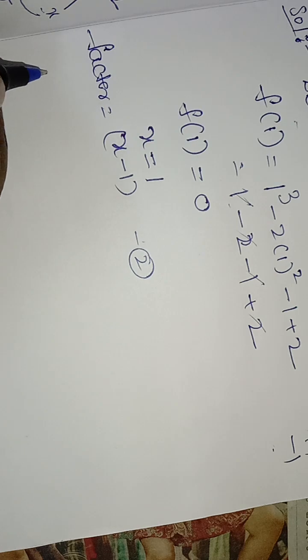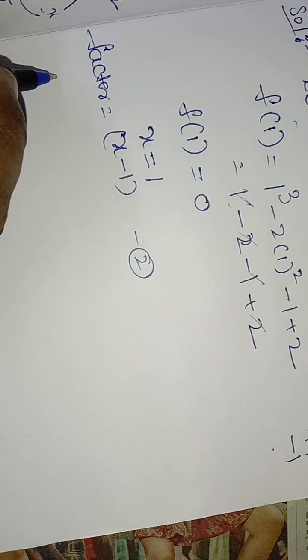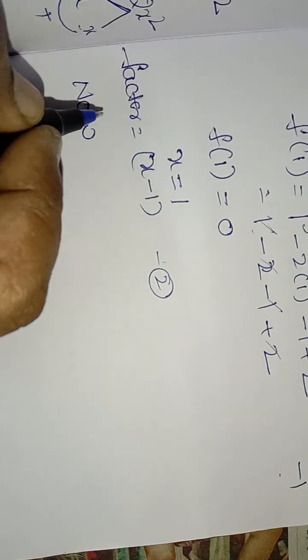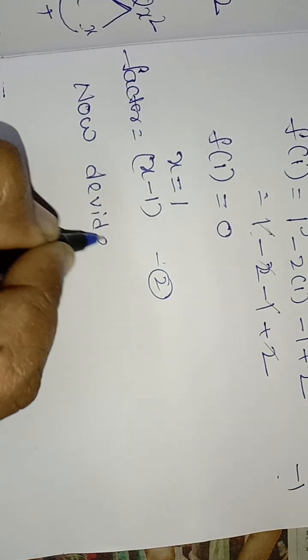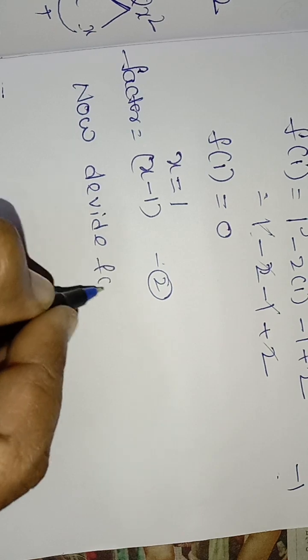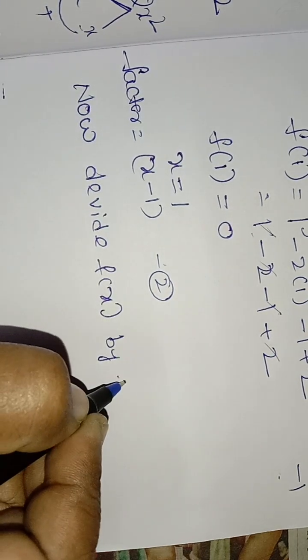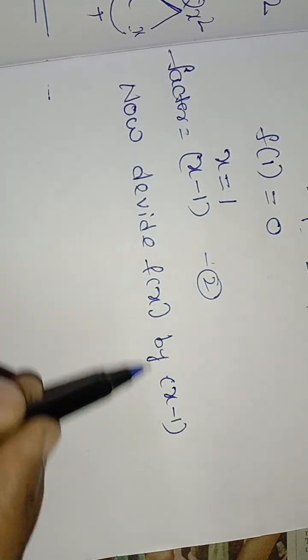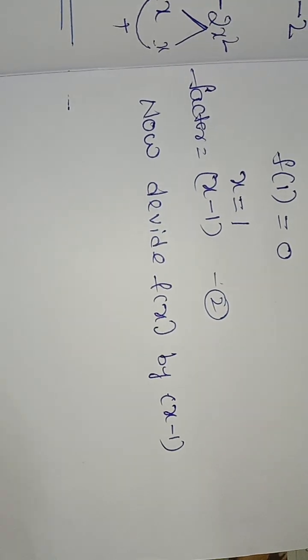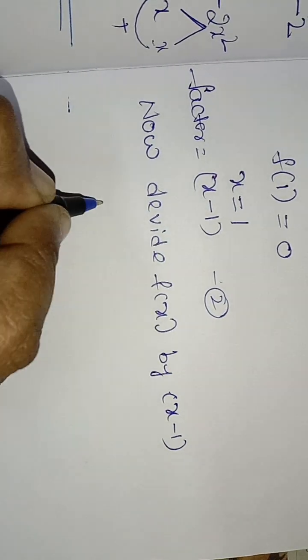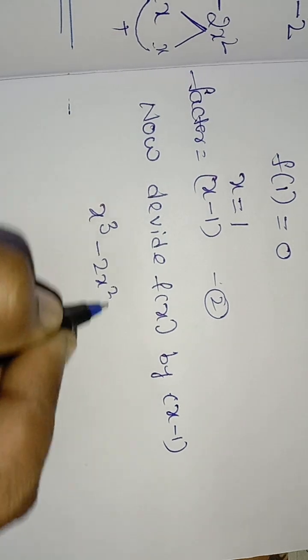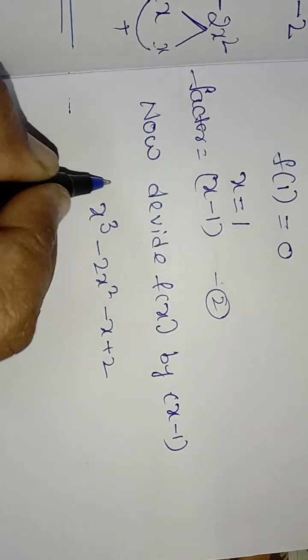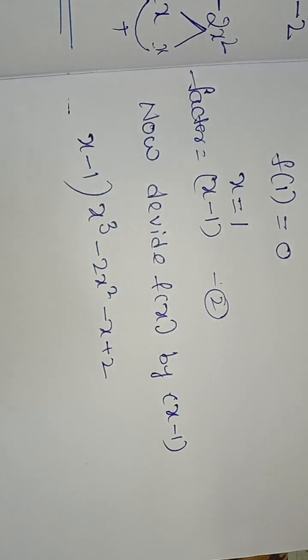So now I am dividing f of x by x minus 1. This is my f of x equation: x cube minus 2x square minus x plus 2, and I am dividing with x minus 1.